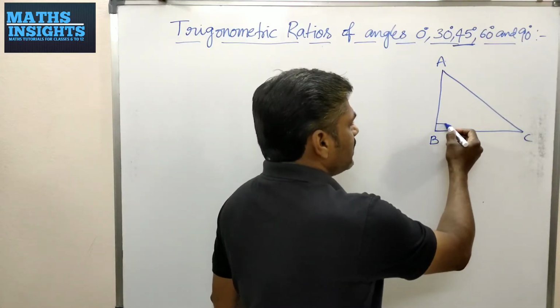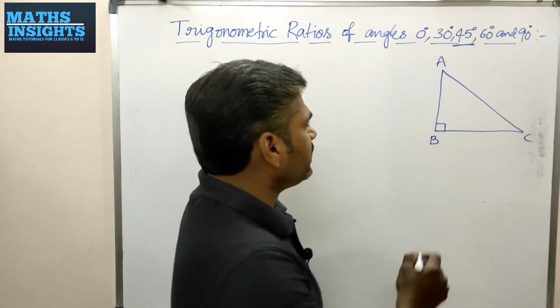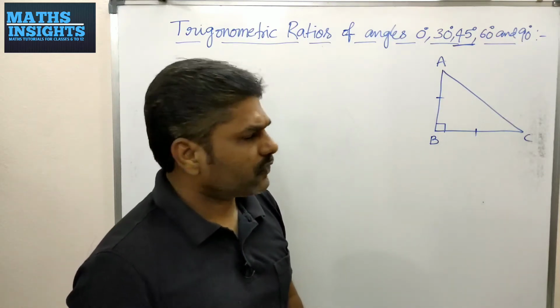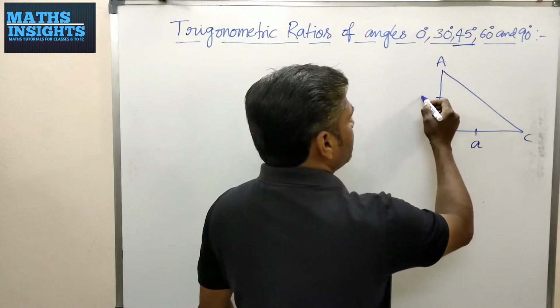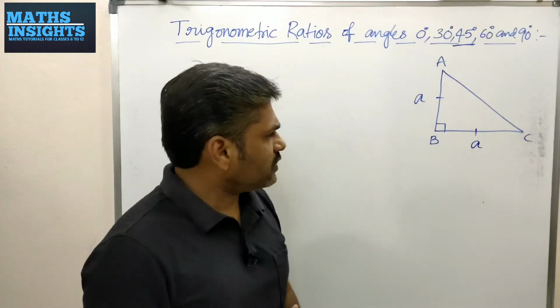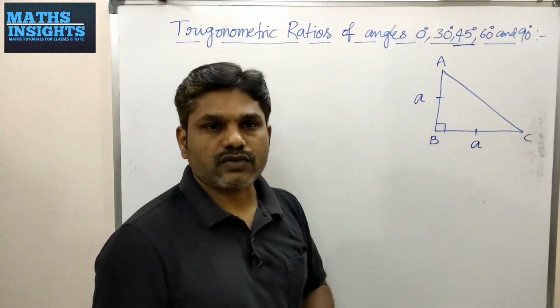If it is a right angle, 90 degrees, then this will become the hypotenuse. Automatically, these two sides will become equal. Let the length of these sides be A and A. Then to define any trigonometric ratio, you need the value of the hypotenuse also.